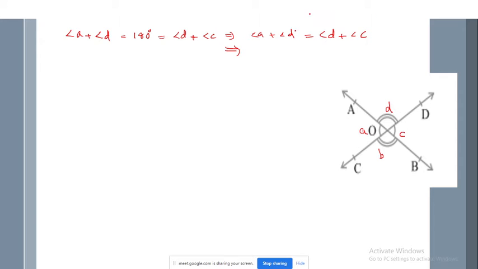So here we have two common things. We can take this to this side and we can say that angle A equal to angle C. Can we say it like that? Okay children, did you understand what I was doing? Yes, ma'am.